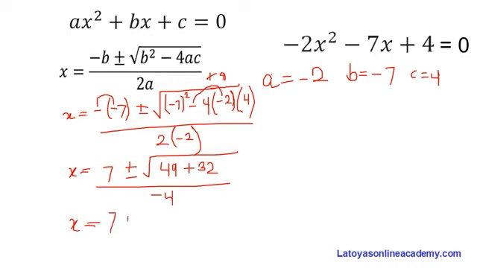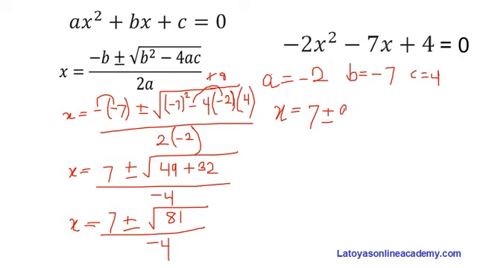X is equal to 7 plus or minus the square root of, add 49 and 32. This is going to give us 81 all over minus 4. We are not trying to do too many things in one step. Next, we have x is equal to 7 plus or minus, what is the square root of 81?